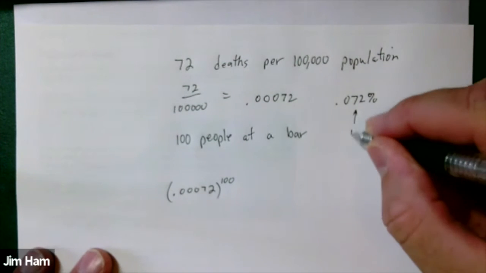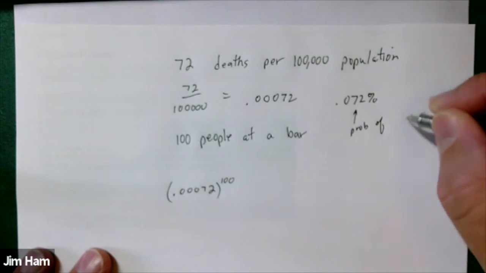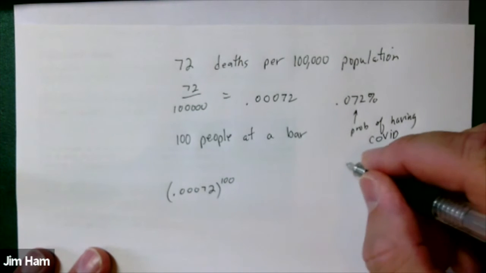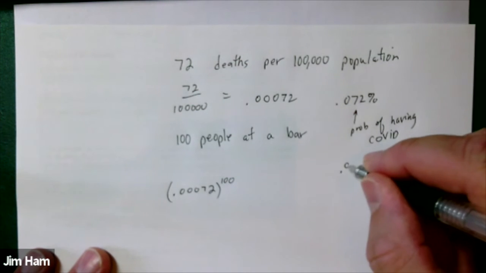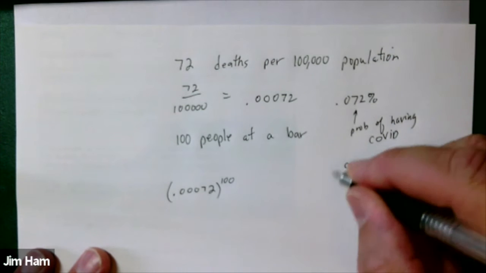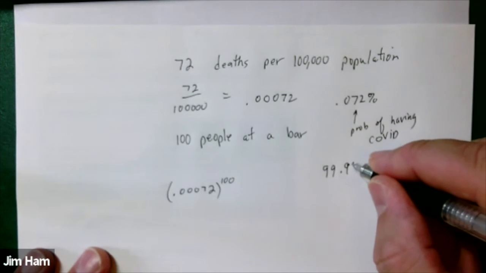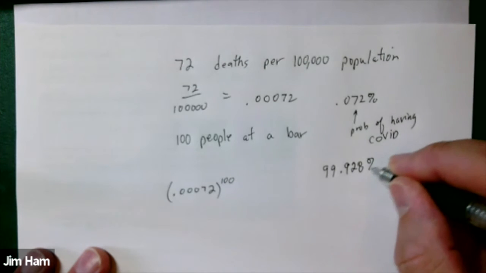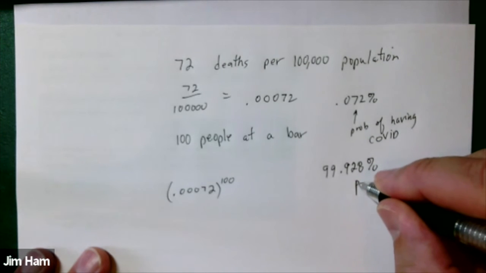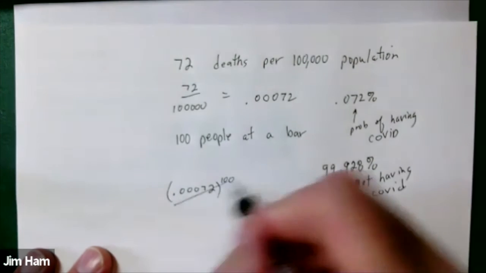So this is the probability of having COVID. So if you subtract 1 from that, there's a 99.928% chance of not having COVID. So it's not this one.